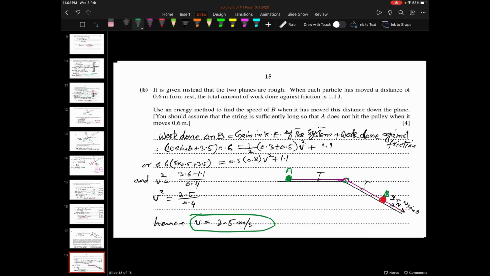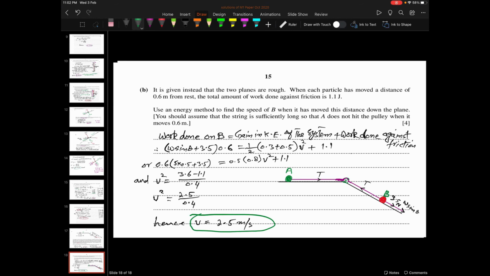Now in B part of question number 8, it is given instead that the two planes are rough. When each particle has moved a distance of 0.6 meter from rest, the total amount of work done against friction is 1.1 joule.